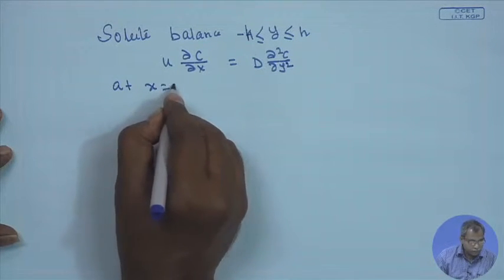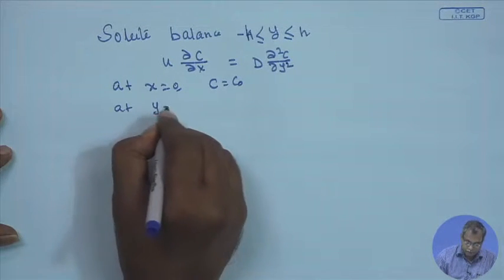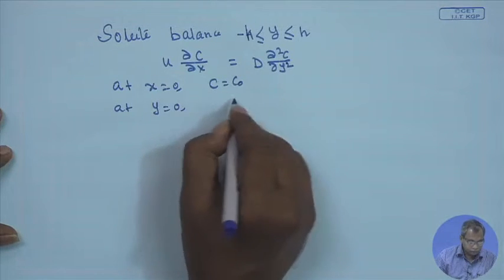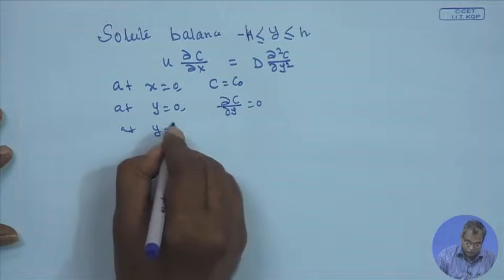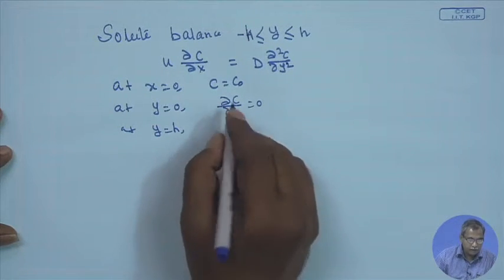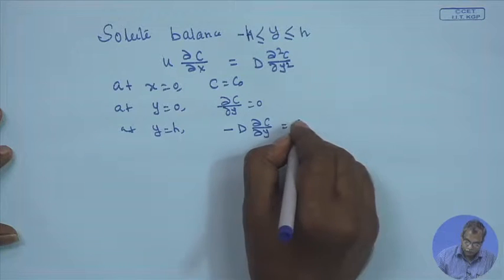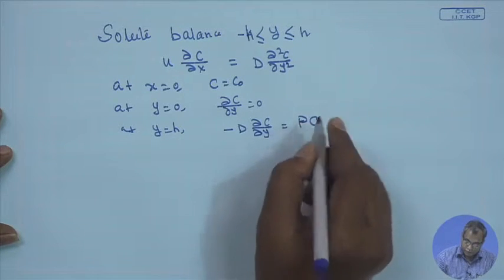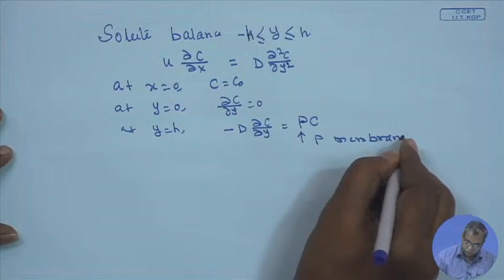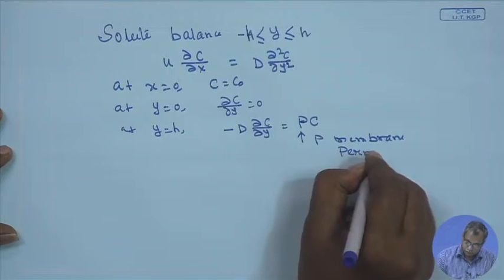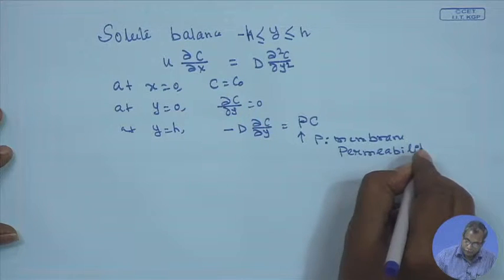At x equal to 0, we have c equal to c0, and at symmetry in the midplane, at y equal to 0, we have ∂c/∂y equal to 0. At y equal to h, we have the molar flux, minus D ∂c/∂y, equal to P times c, where P is the membrane permeability towards the solute.